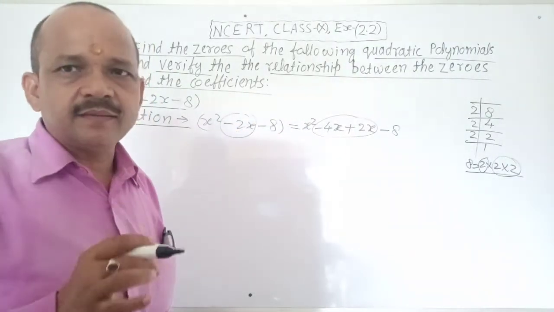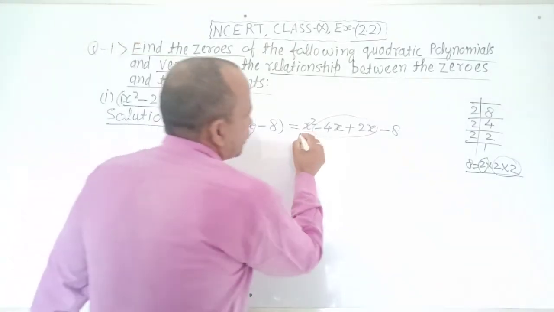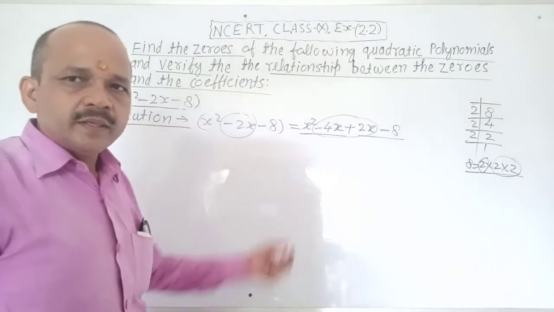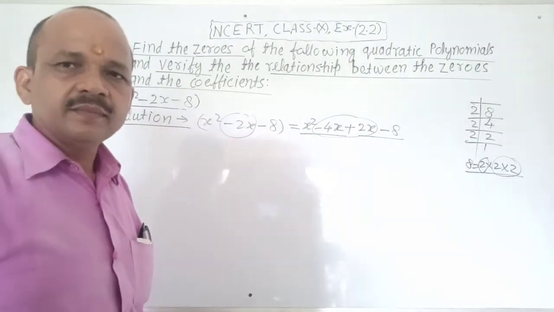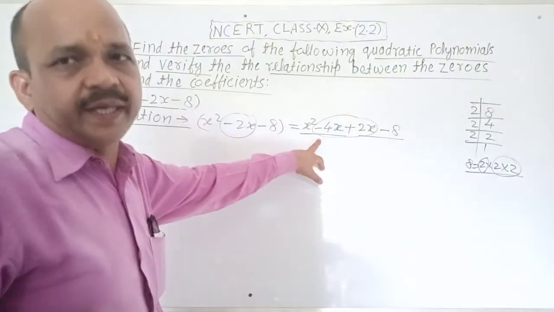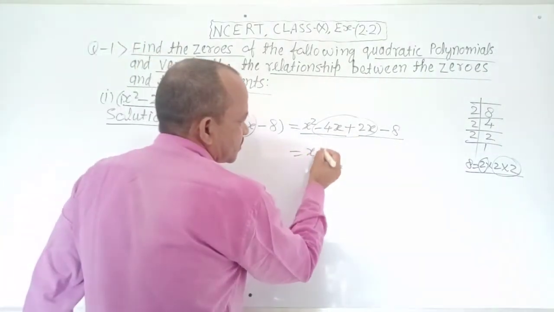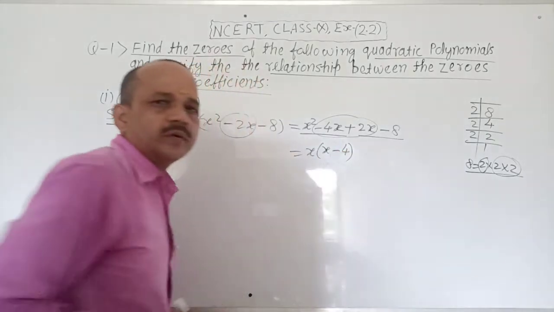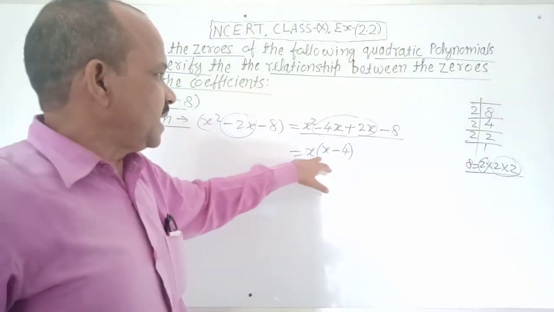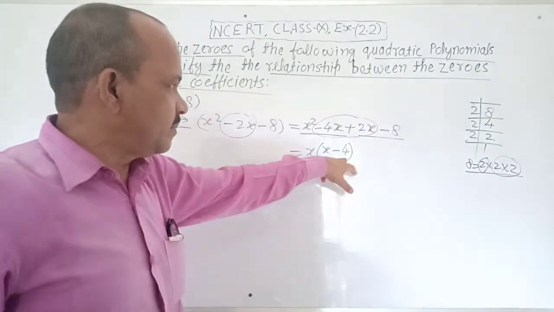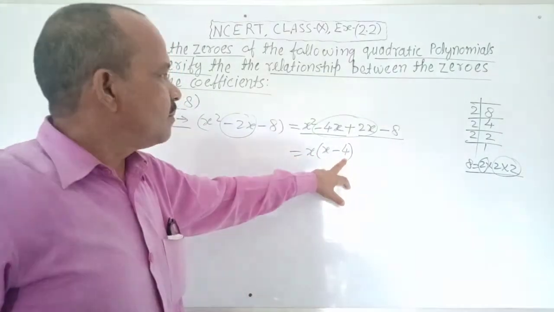Now you make 2 pairs, first pair and second pair. You take common x in the first pair. Here x and here minus 4. If you multiply x and x, it becomes x square. If you multiply x and minus 4, it becomes minus 4x.